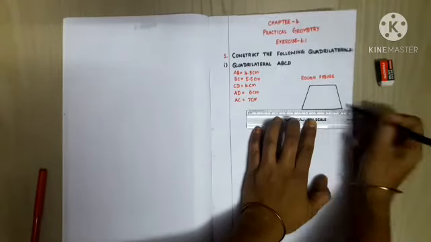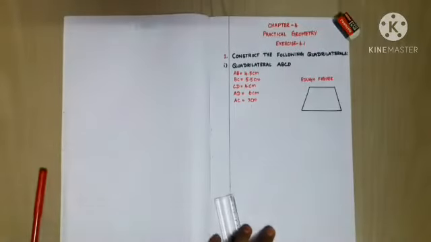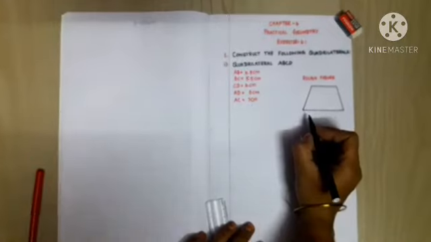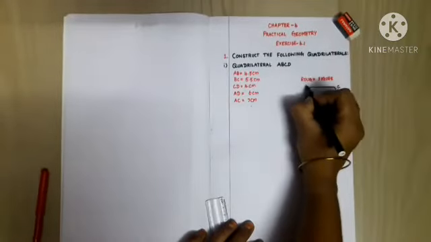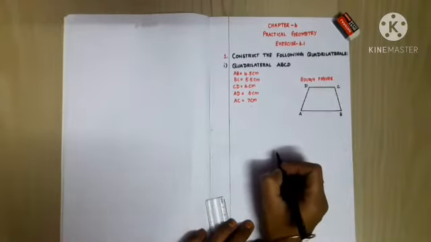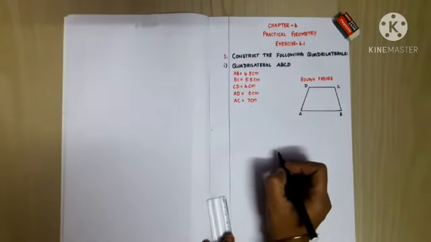Quadrilateral is nothing but a four-sided figure. Okay. So now we are having the rough sketch of the quadrilateral A, B, C and D. And mark the measurement on it.